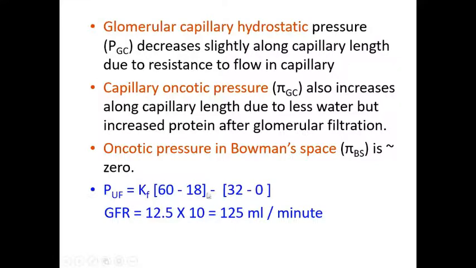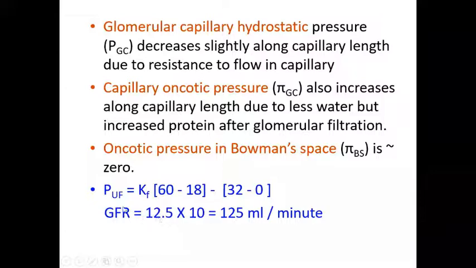So if you do your math here, if you use your calculator, when you say 60 minus 18, minus 32, what you're going to get is 10. Then I've told you that the filtration coefficient is 12.5.